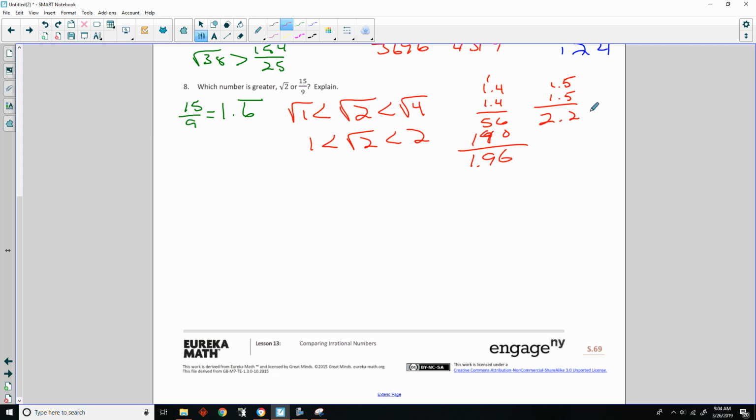I already know that because I know 15 times 15 is 225. So now I know that it's between 1.4 and 1.5. So the square root of 2 is less than 1.5, so therefore it's less than 1.6. So 1.6, or 15/9, is greater than the square root of 2.